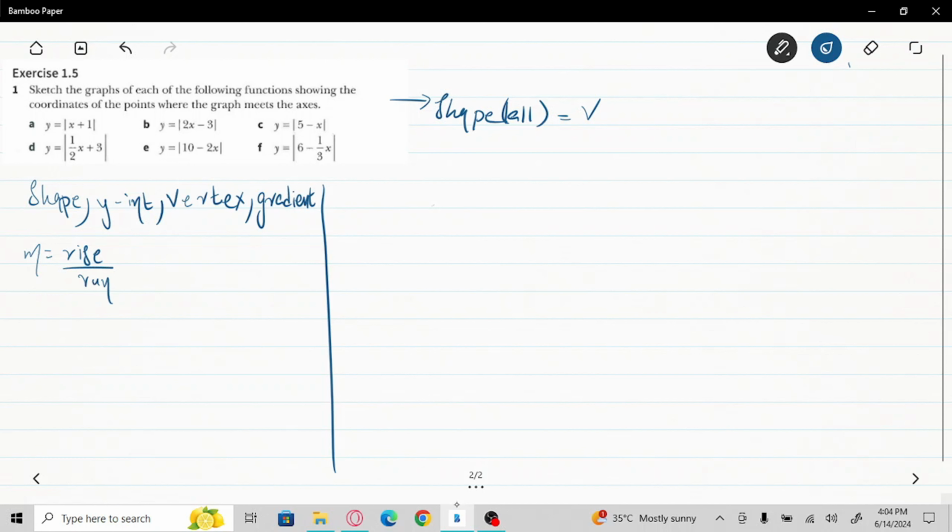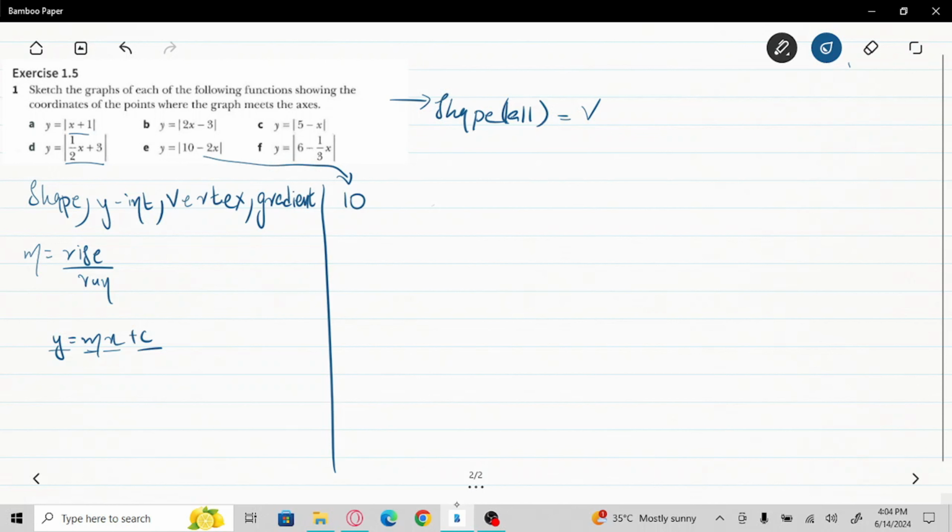If you are familiar with the straight line equation, which most of you should be, which is y equals mx plus c, we know that c is the y-intercept only in this type of equation, while x is the x-coordinate, y is the y-coordinate, and m is the gradient. If we concentrate on these functions, like 1 upon 2x plus 3x plus 1, we see all of these represent a straight line equation.